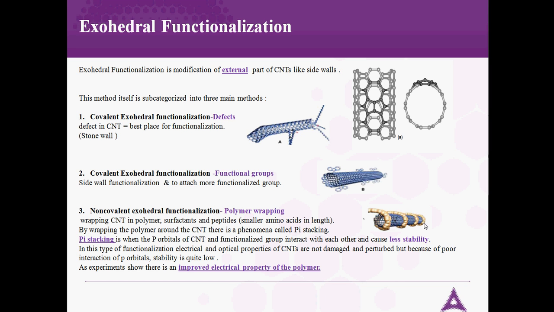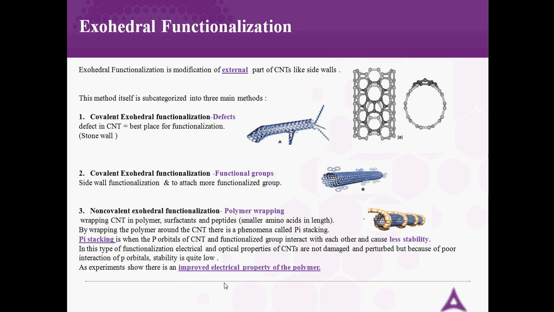So what do you think? Do you think that this material can be stable or not? The answer is that because of the pi orbital interactions between these two materials, the yield has less stability in comparison with normal carbon nanotube, which is not functionalized.